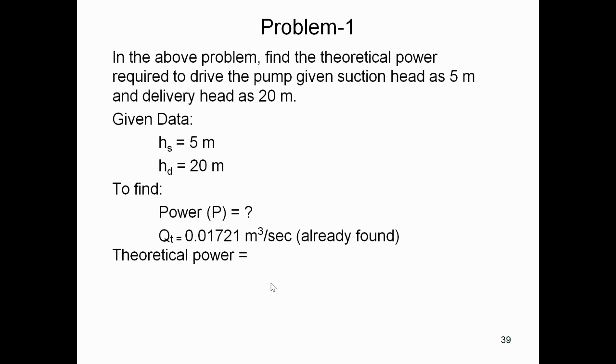So theoretical power P is equal to w into qt into (hs plus hd). We know the values of w, qt, hs and hd, so by substituting all those values in this formula, we'll get the theoretical power. w value is 9.81, qt is 0.01721, hs is 5 and hd is 20.